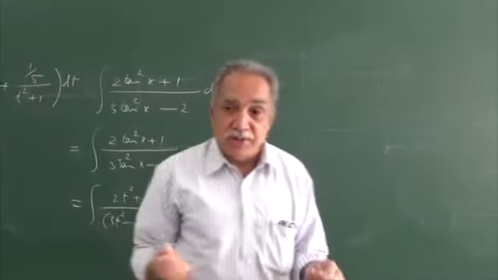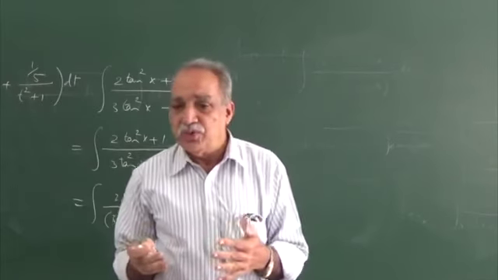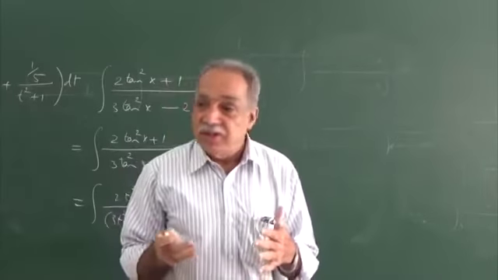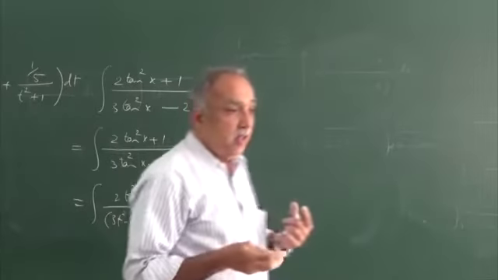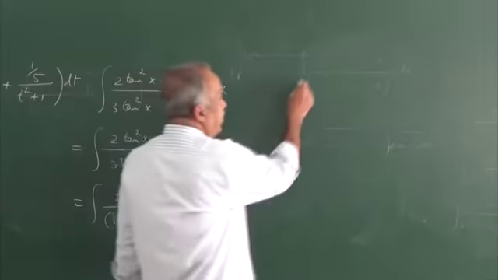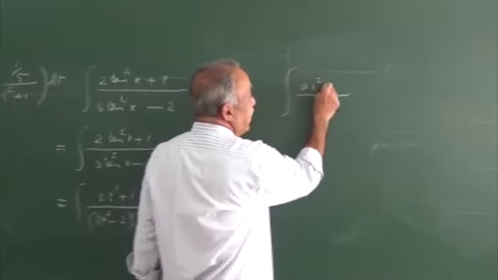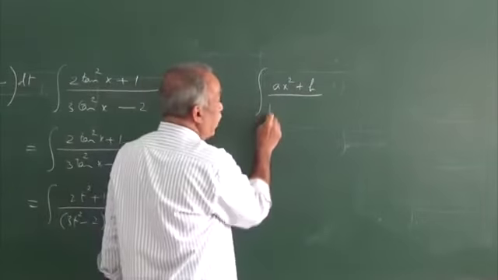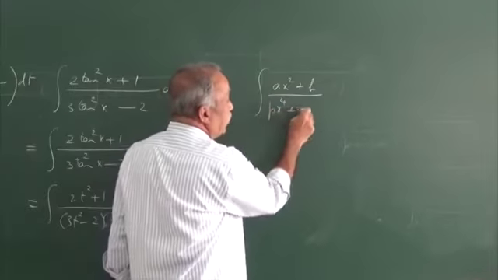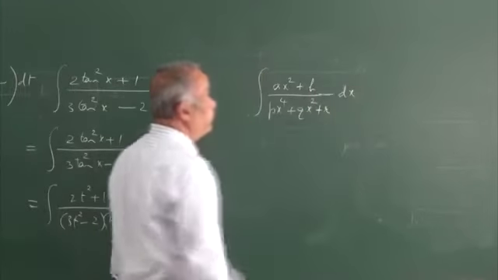Many problems on the substitution method we have covered now. Still, a few standard applications of the substitution method remain. One of them is when the integrand consists of a quadratic of the form ax² + b in the numerator and a biquadratic of the form px⁴ + qx² + r in the denominator.